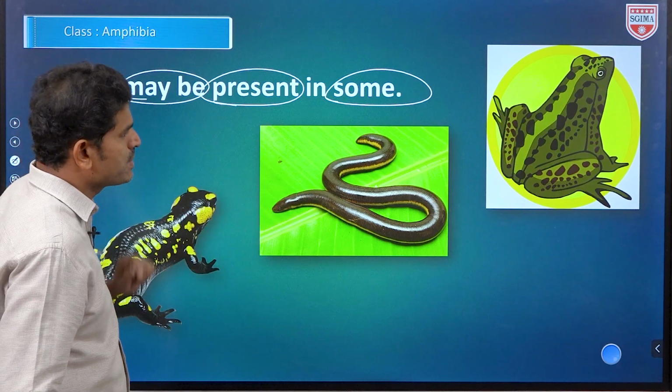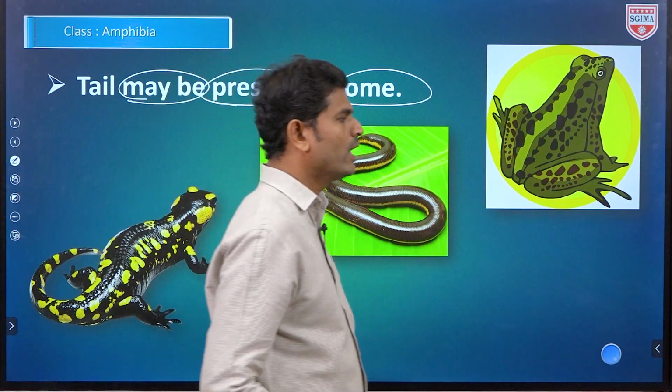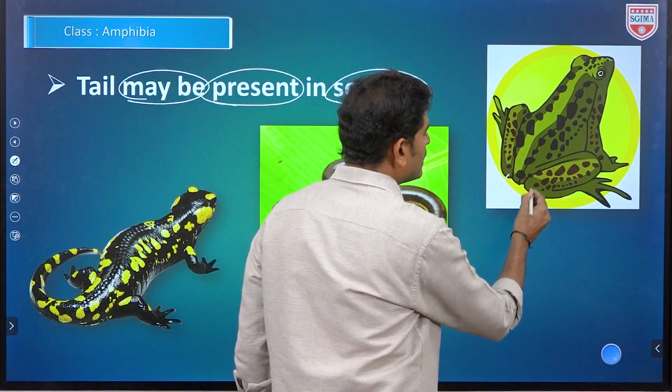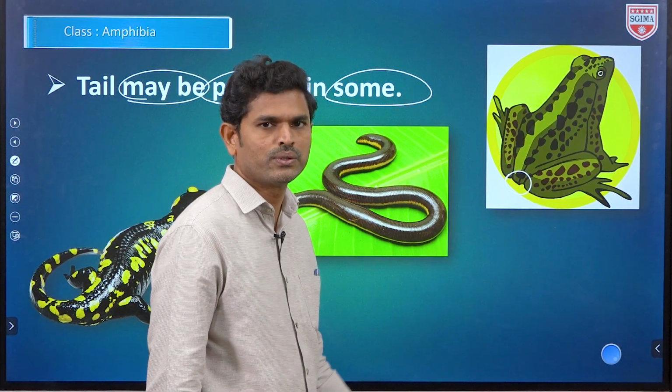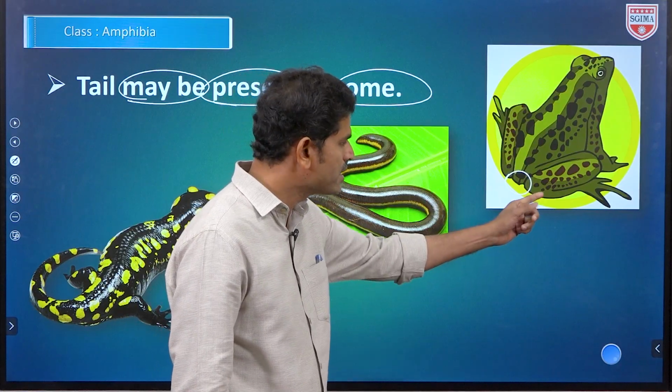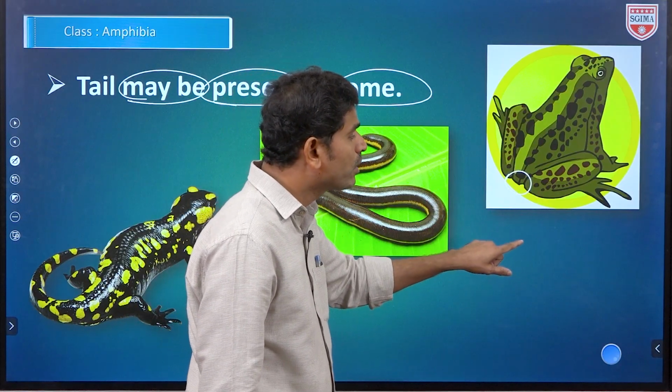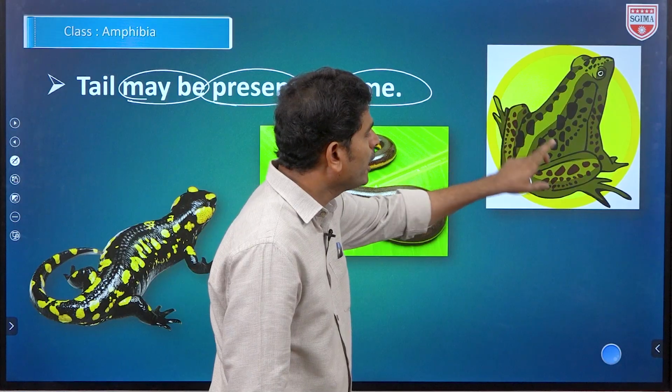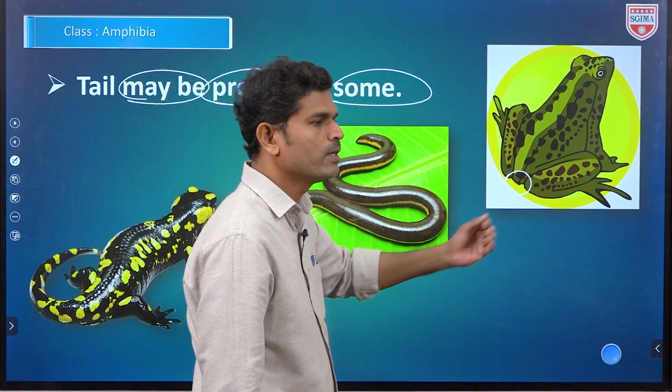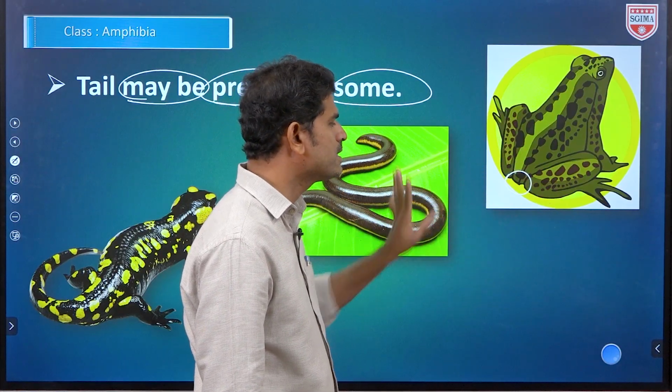Let us see the diagrams. First diagram, this is a frog, well known. Is the tail there here? The tail is not present. So the tail is absent in this organism, but the limbs are present. So the fore limbs and hind limbs are present, but the tail is absent.